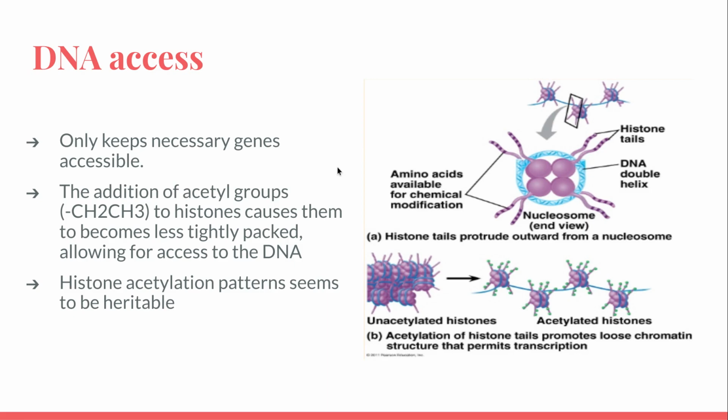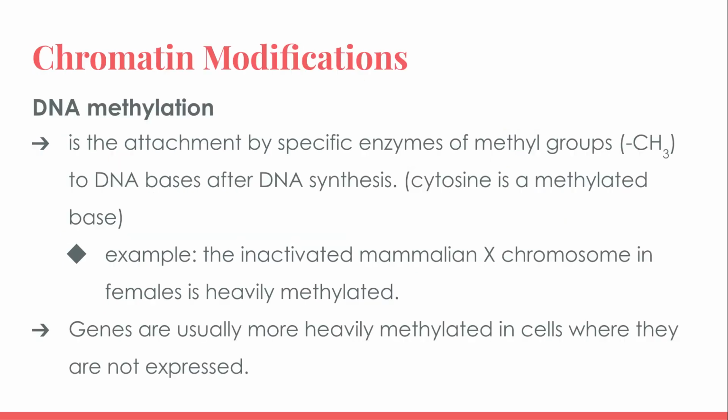When you remove the acetyl group, and that's called deacetylation, then the DNA is not transcribed because it becomes more condensed. So that is one of the ways that it is regulated, by acetylation. By adding an acetyl group, it becomes less condensed. When you remove the acetyl group, it becomes more condensed, and this process is called acetylation and deacetylation.